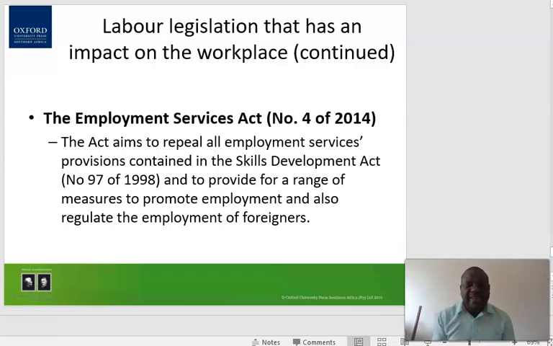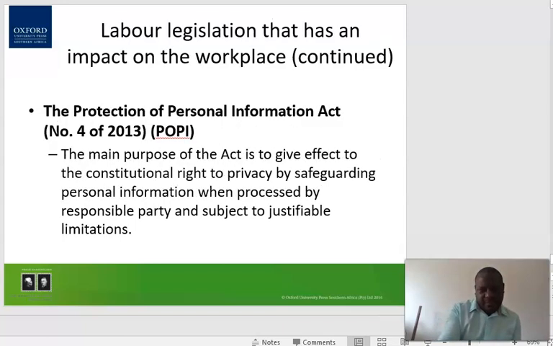So this act was actually enacted in 2014. Then we also have the Protection of Personal Information Act of 2013. The aim is to give effect to the constitutional right to privacy by safeguarding personal information when processed by a responsible party and subject to justifiable limitations.